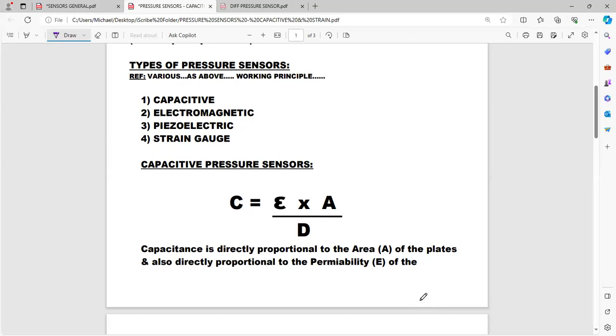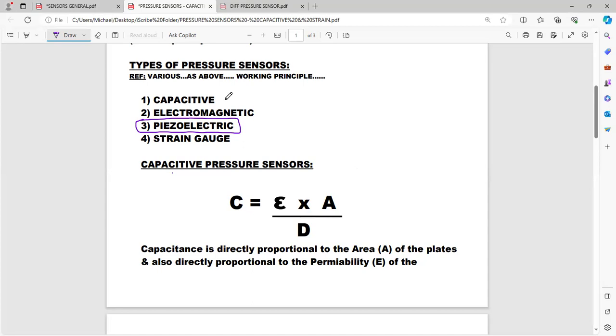Of which the piezoelectric type, remember as I said, some are not practical for on-board use. So the piezoelectric type is generally not used on board. When we come to that, we'll see the reason why.